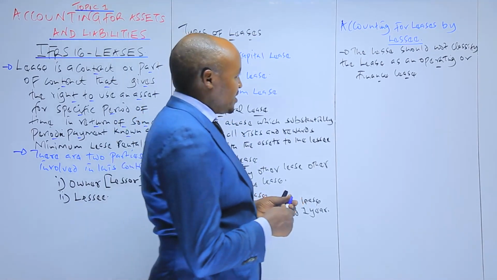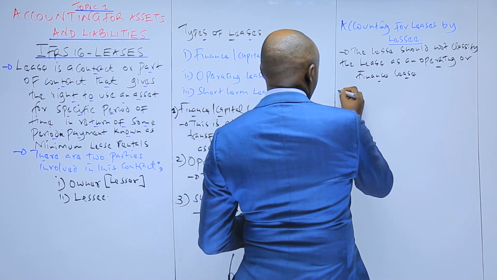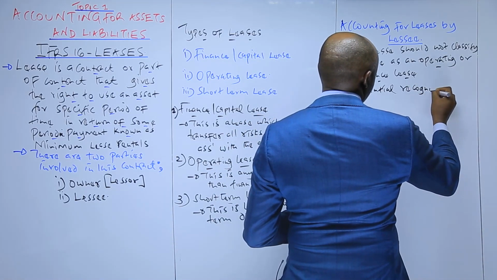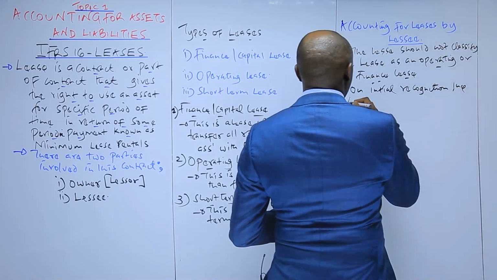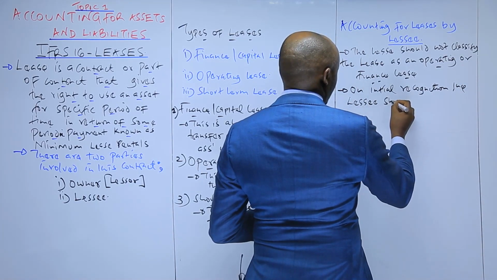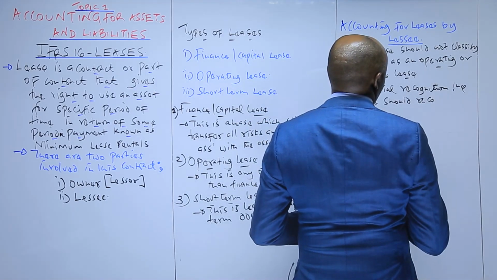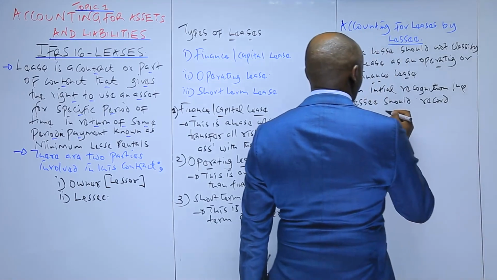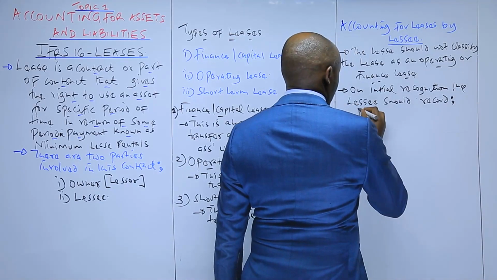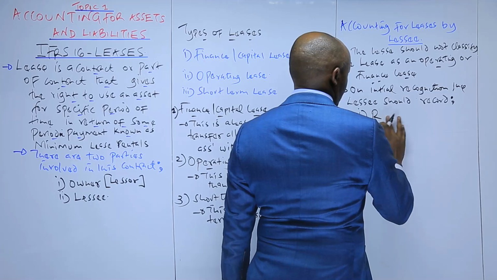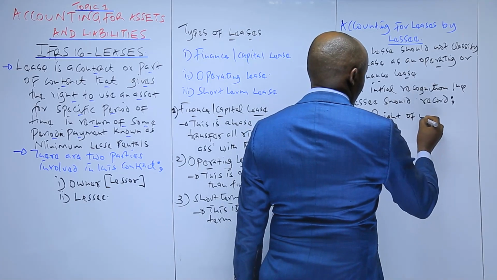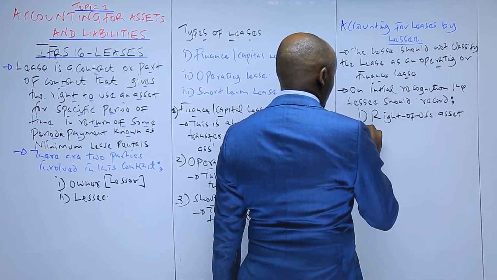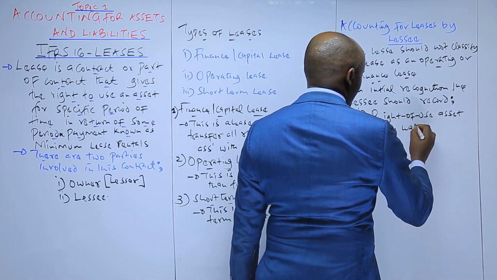So we can say that on initial recognition, the lessee should recognize or record number one, the right of use asset, and number two, the lease liability.